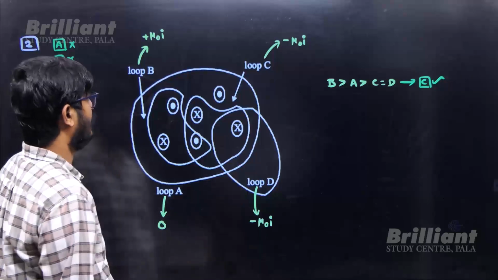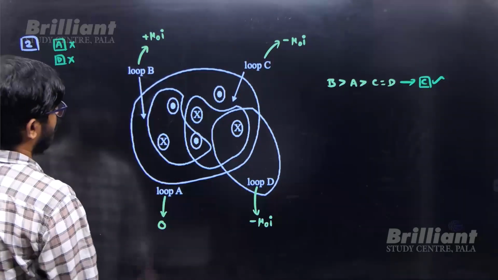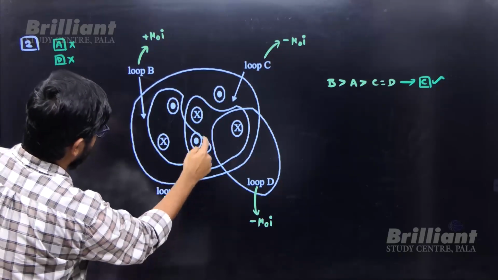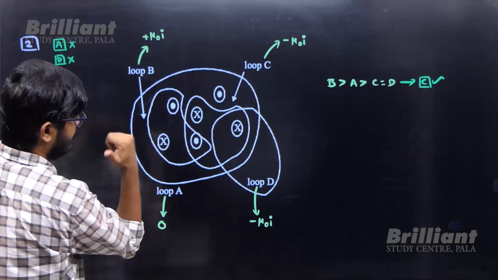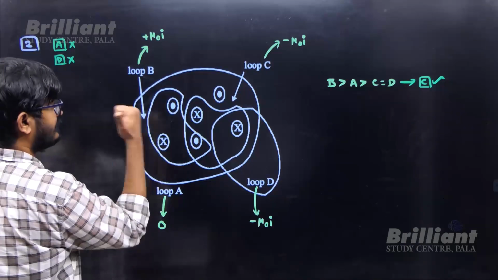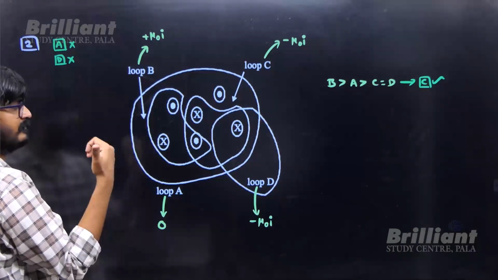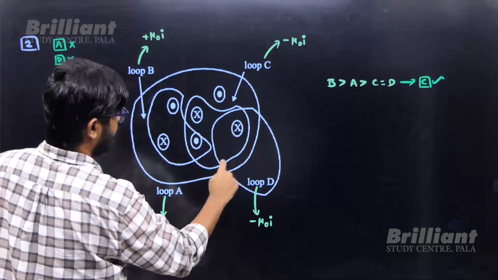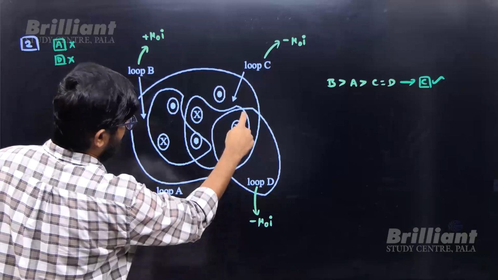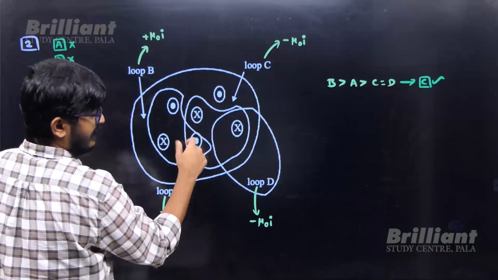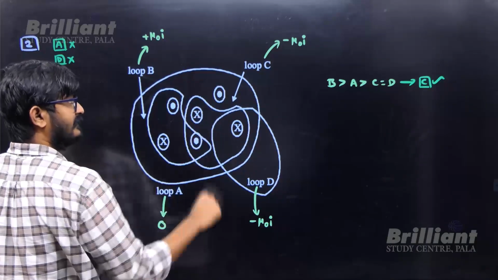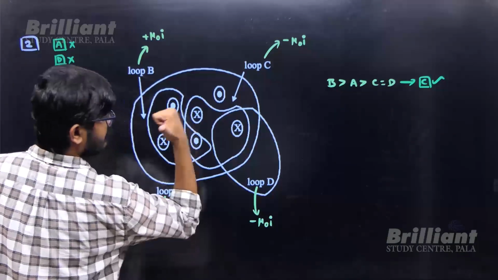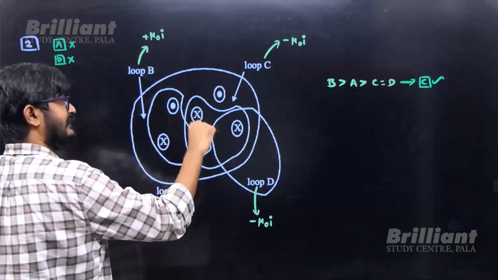Now if I take loop B, I in this direction and one I in this direction, so the total current is I in this direction, so mu naught times plus I. Now if I take this loop, I in this direction and one I in this direction, so the total is in this direction, which is minus mu naught I. You are taking counterclockwise, so this is positive, and whatever currents are in this direction, that is negative, right?